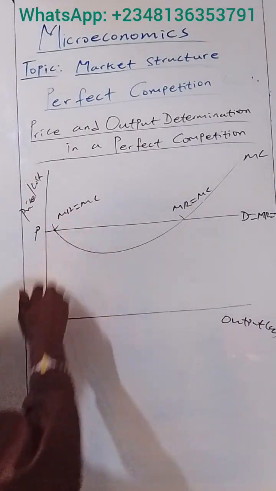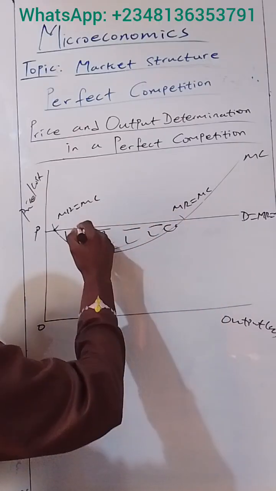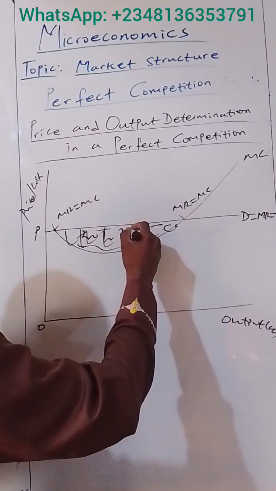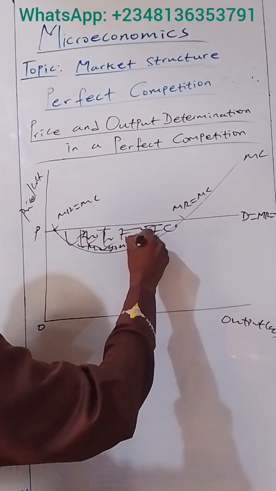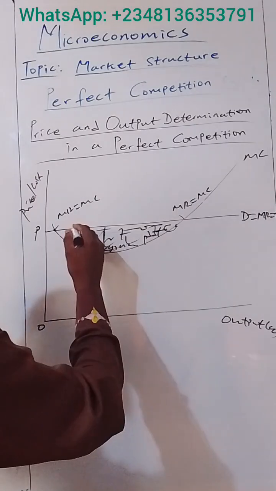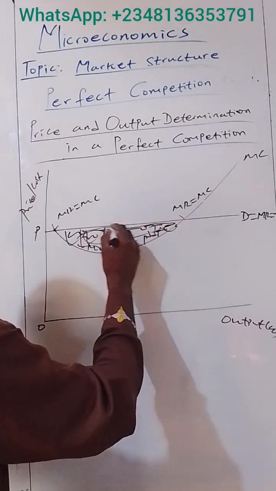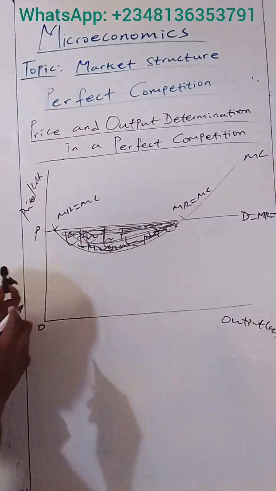Now here we have the marginal profit of the firm, profit on extra units sold. We have extra profits within this shaded portion.